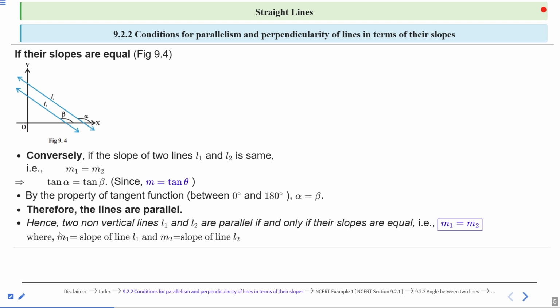Hence two non-vertical lines L1 and L2 are parallel if and only if their slopes are equal, that is m1 equals m2, where m1 is the slope of the line L1 and m2 is the slope of the line L2. Clear? I think it is clear to all of you.